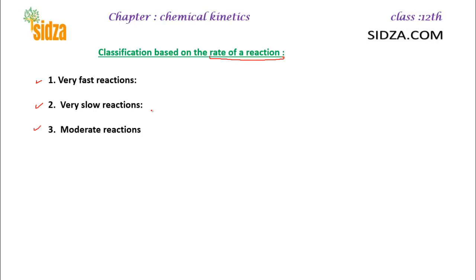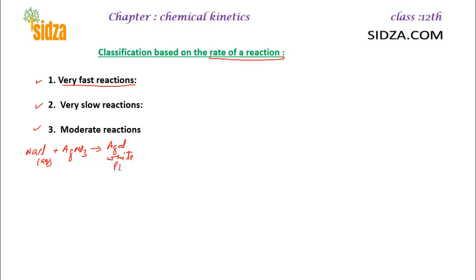So let's take an example of a very fast reaction. The reaction here is, suppose you react the aqueous solution of sodium chloride, NaCl, with silver nitrate, AgNO3, right? What do you get? We get silver chloride, which is a white precipitate.